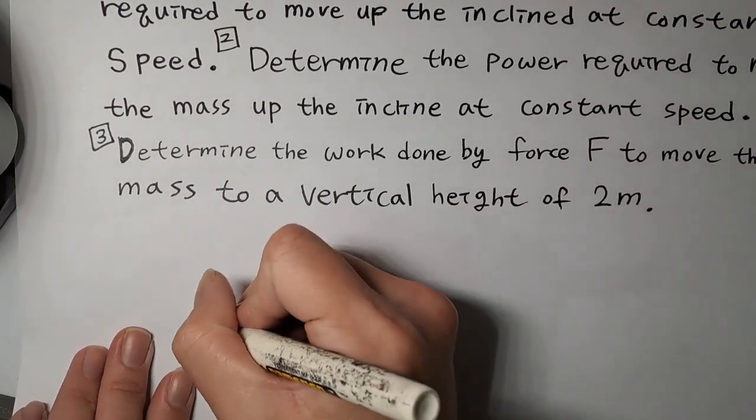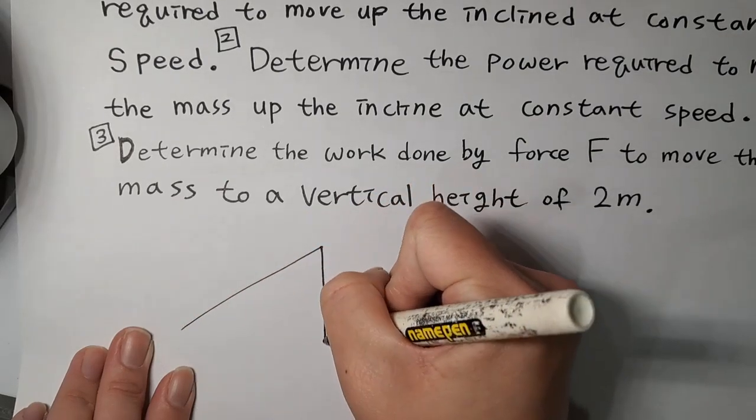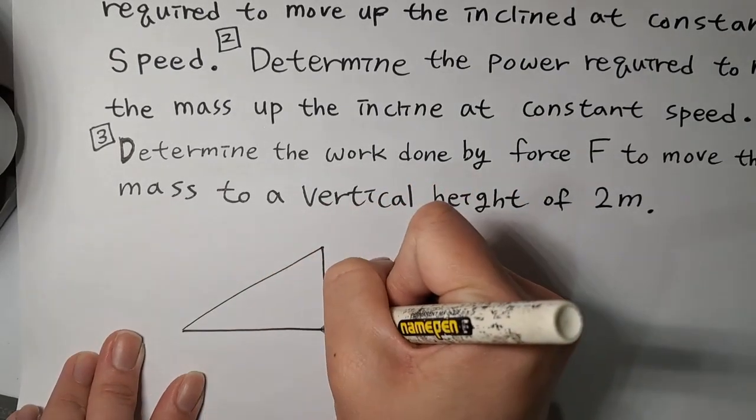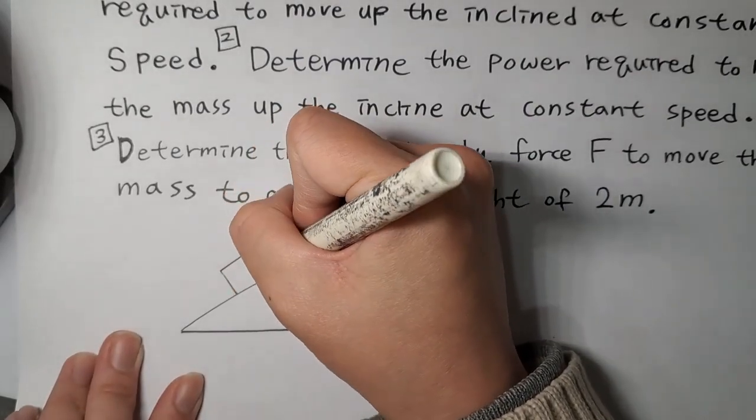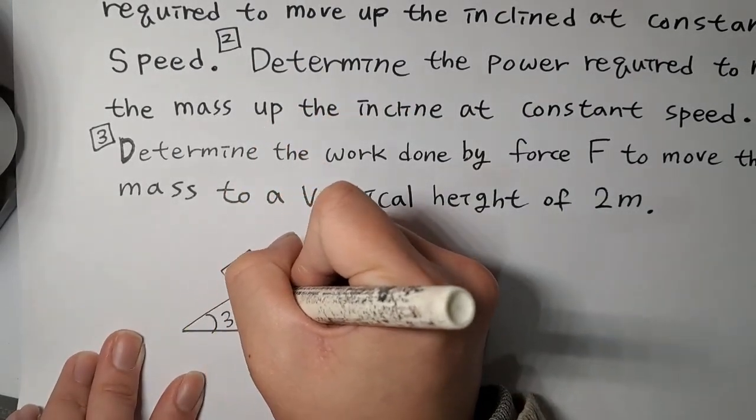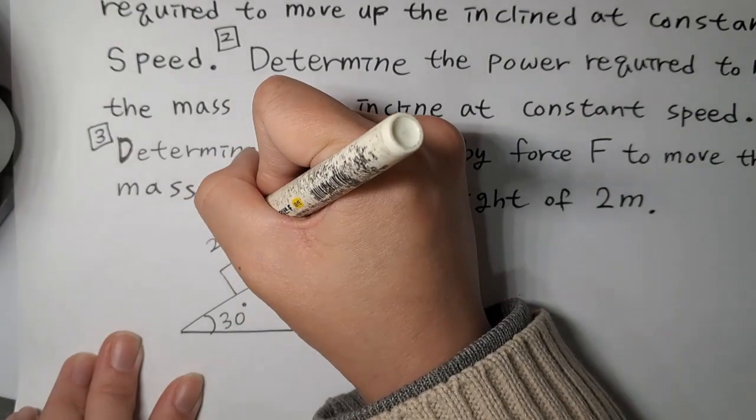So this is an object on the inclined plane. This is 30 degrees. This is 2 kilograms.